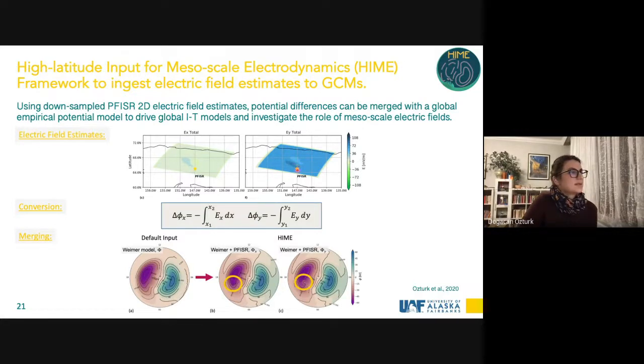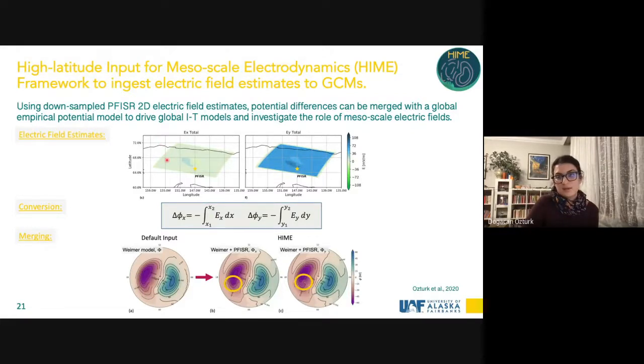You can see it's located here, and the closer to the radar, the more variability is observed because of the radar geometry. Using a very simple finite interpolation scheme, we are able to calculate the potential differences in longitude and latitude, which can then be merged with any type of global specification of electric potential. And again, this doesn't have to be PFISR.